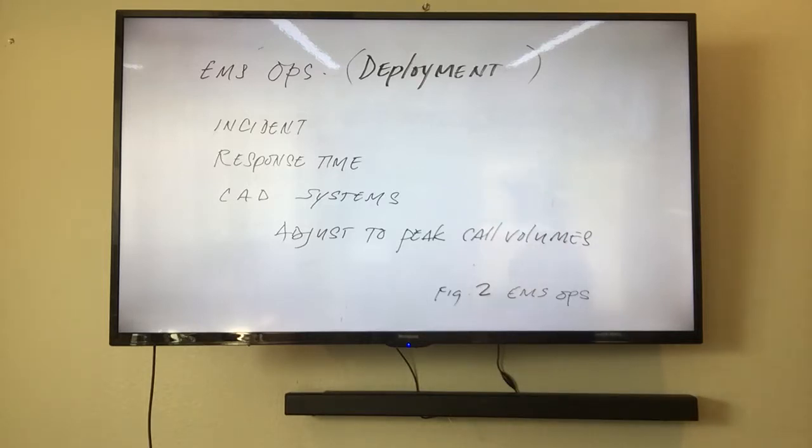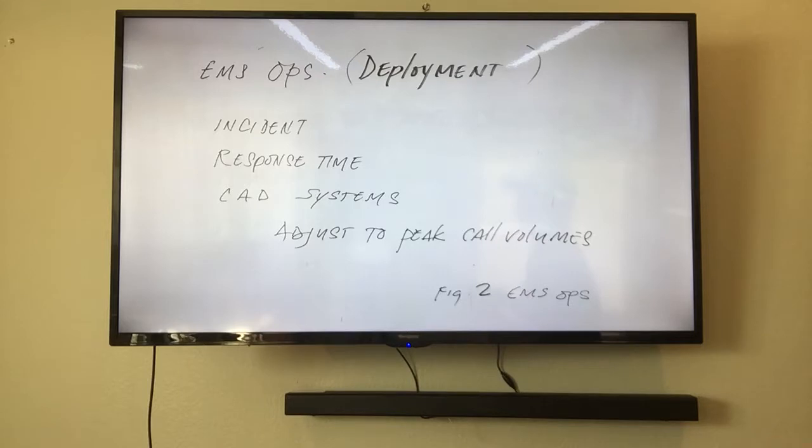In our metropolitan area, we'd like to see response times under that 8 to 10 minute window, and in our suburban areas, we'd like to see closer to 15 or 16 minute response times. And when we get into the rural areas, we know that these response times can be much more dramatic and much larger.